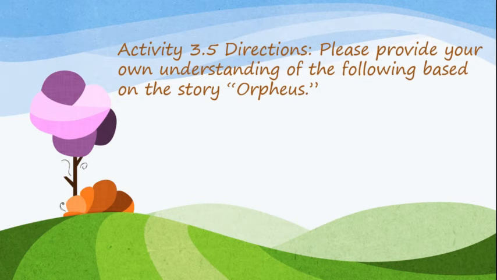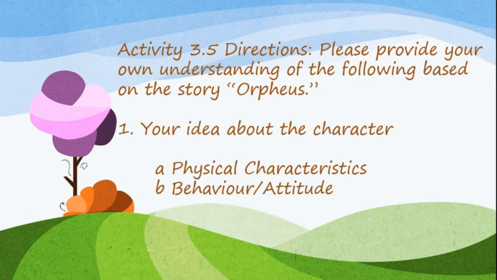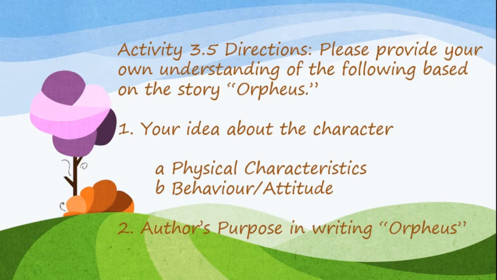One, your idea about the character: the physical characteristics and the behavior or attitude of Orpheus. And second, the author's purpose in writing Orpheus. What do you think is the purpose of the author? There are many reasons. I just want to know.